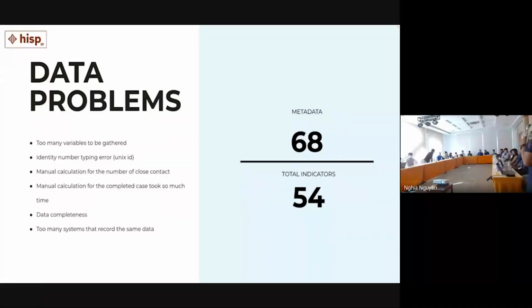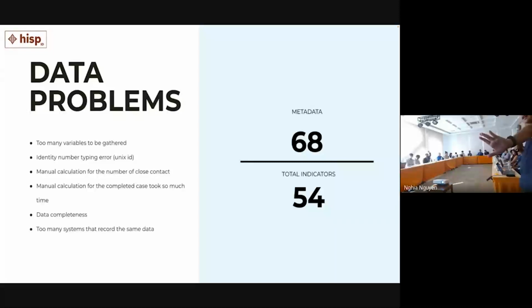This is what I mentioned before. Our friends in Sri Lanka had errors because they typed the number wrong, and then manual collection of numbers. This is the phone number, because we need the phone number so that if the person is positive, we can call and go to the home.